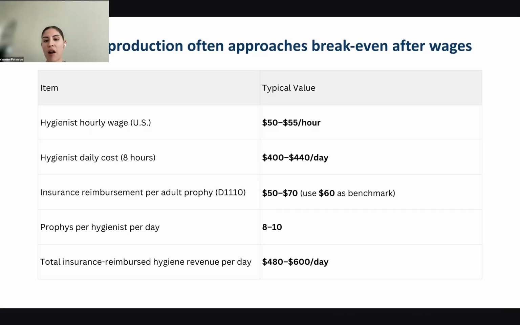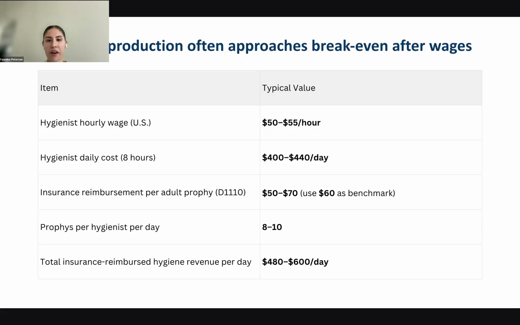If they're working for 8 hours, that's $400 to $440 per day that they're getting paid. After insurance reimbursement, for a pro fee, we're going to use $60, and 8 to 10 pro fees per day, total insurance reimbursed hygiene revenue per day is $480 to $600.